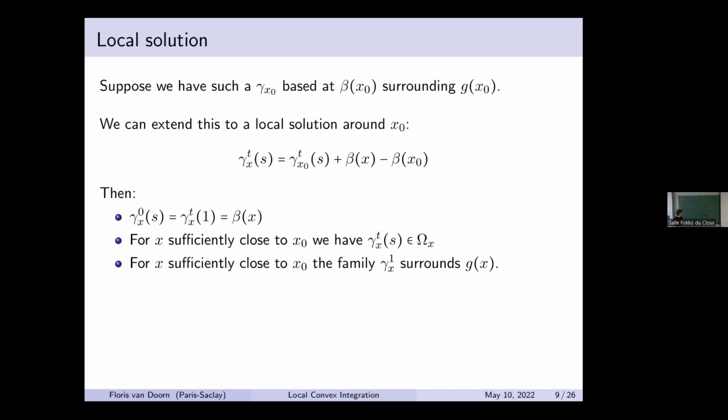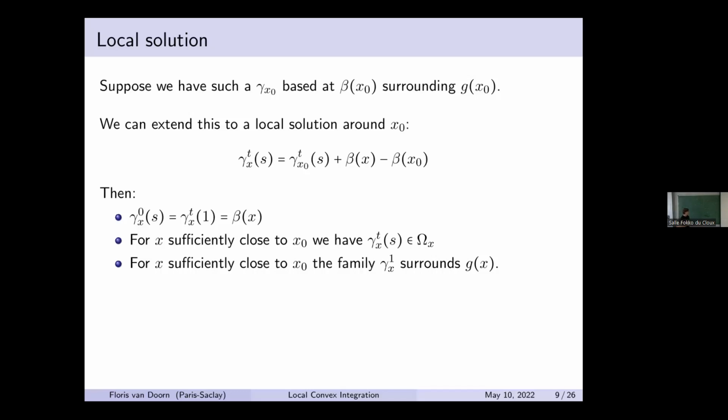Well, so this will always be based at beta and homotopic to the constant loop at beta. And clearly this won't be a global solution, but for x sufficiently close to x naught, we will still have that gamma x, so this loop, lies in omega of x. Because, well, omega is open. So if we change x just a little bit, we'll stay inside.